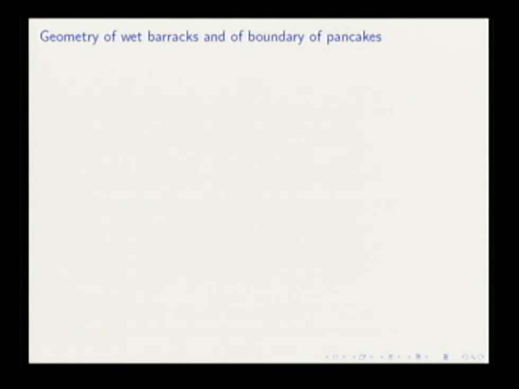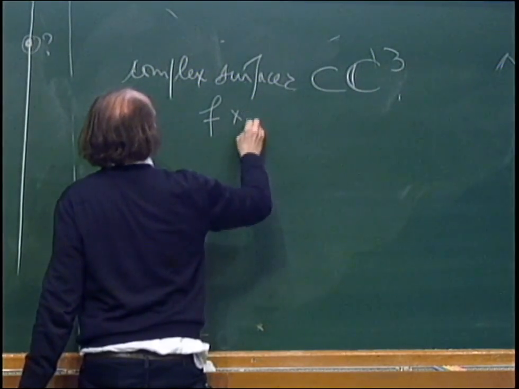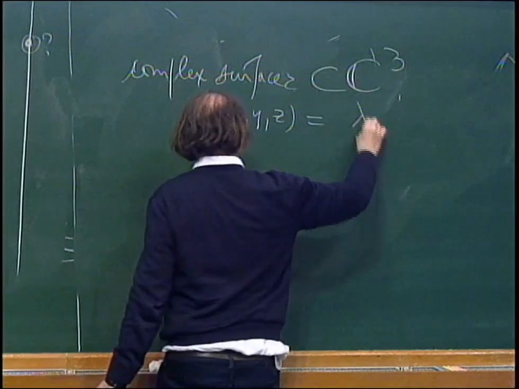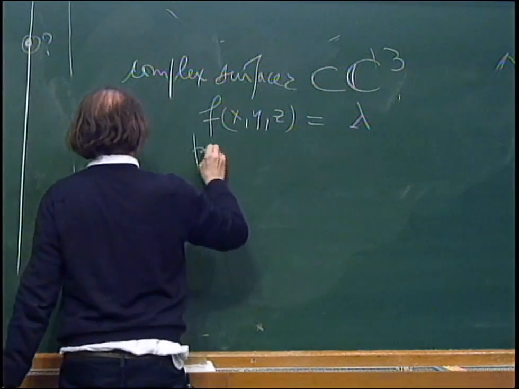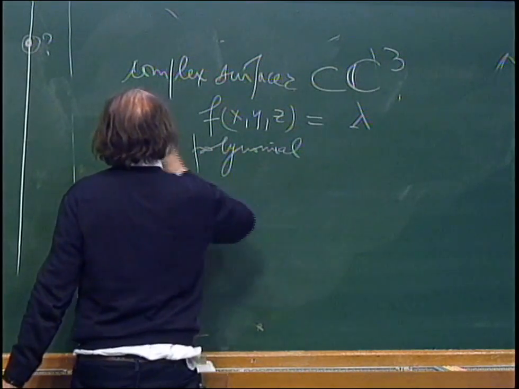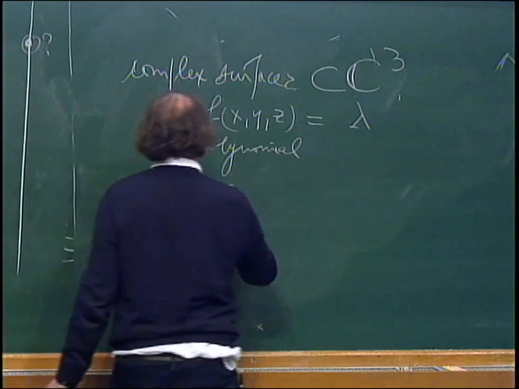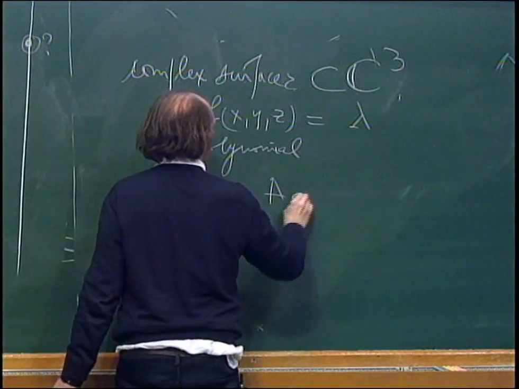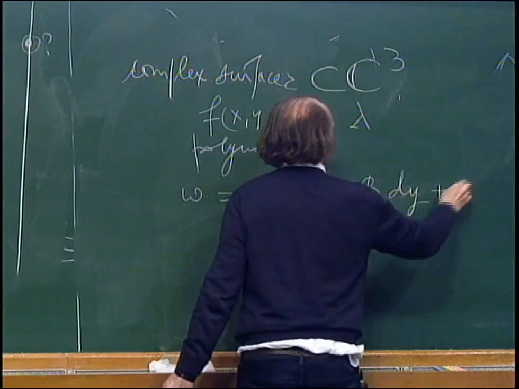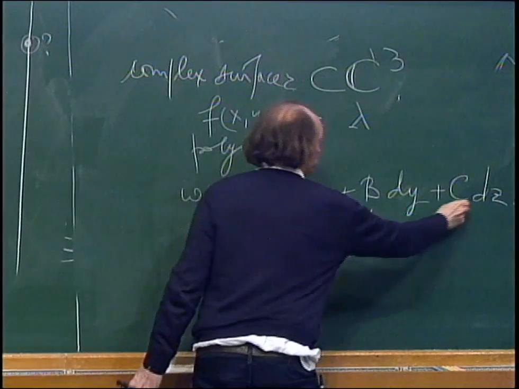or let's say complex surfaces of equation f of x, y, z equals lambda, f a polynomial, or more generally, a foliation where the coefficients are polynomials.